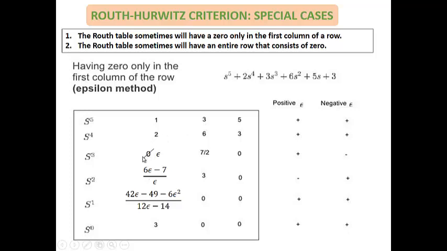So bila you dapat kosong dekat situ, so ia termasuk dalam special cases. So sebabkan itu, kita kena wujudkan satu unknown yang dikenali sebagai epsilon, atau lebih dikenali sebagai epsilon method. So you just put epsilon here and then just continue.